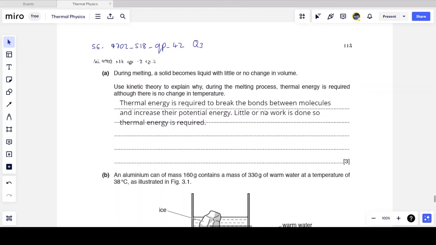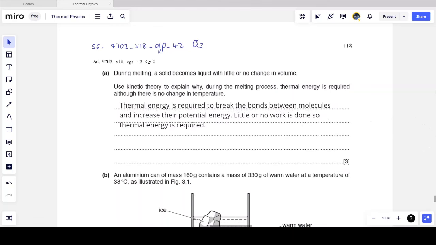And so this is how you would explain, using kinetic theory, why in the melting process, or even in the boiling process, thermal energy is required and there isn't any change in temperature. Remember, little or no work is done, there's no change in kinetic energy, but most of the energy change is potential.